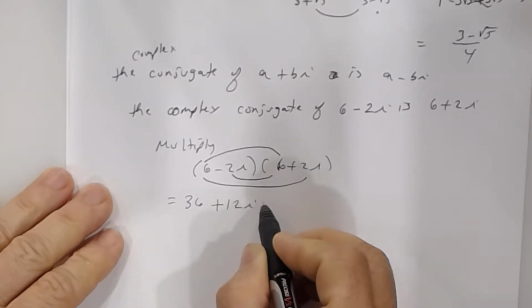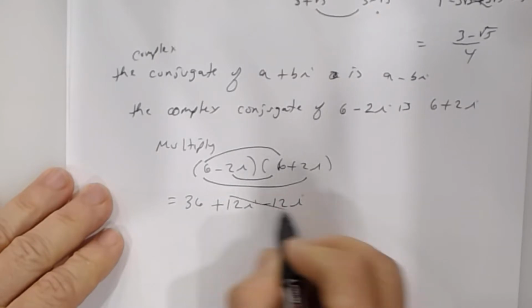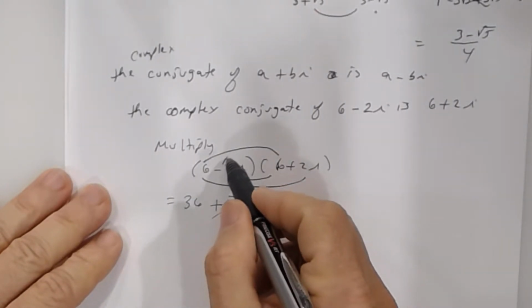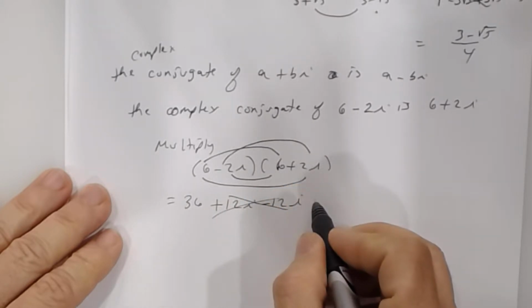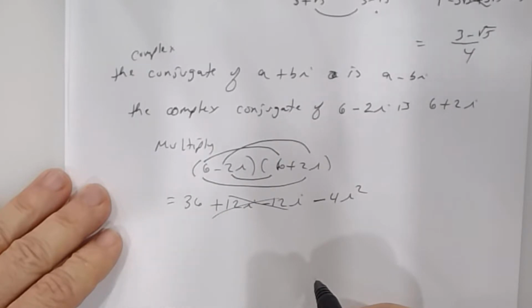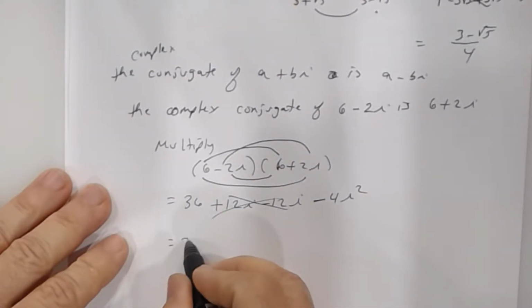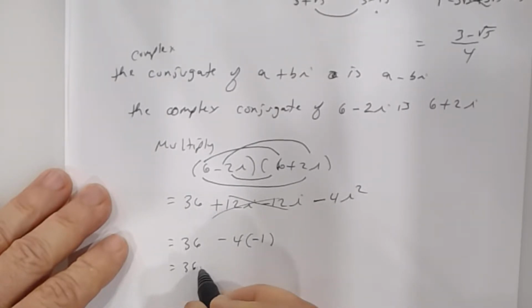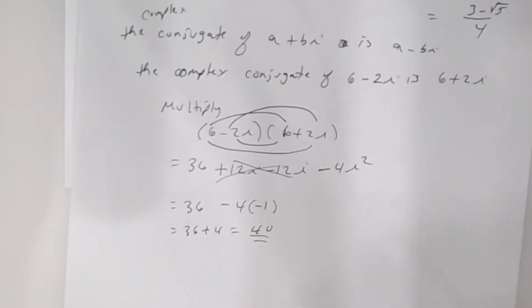What's the inner? Minus 12i. Right away, you see they're going to add up to be 0, right? Now, what's a negative 2i times a positive 2i? Negative 4i squared. Okay, so I have 36 minus 4 times a what? Negative 1. So that's 36 plus 4, which is 40.